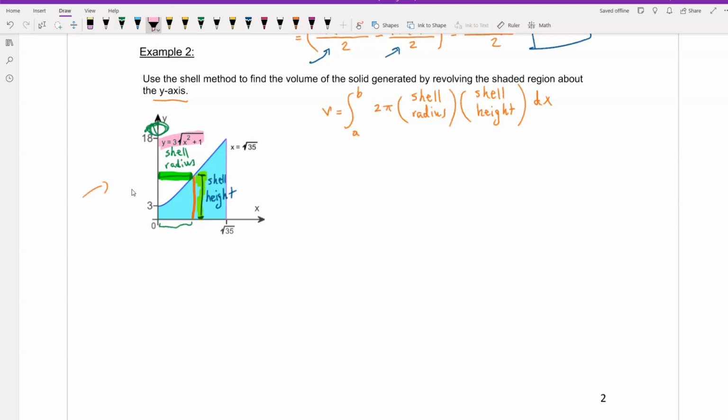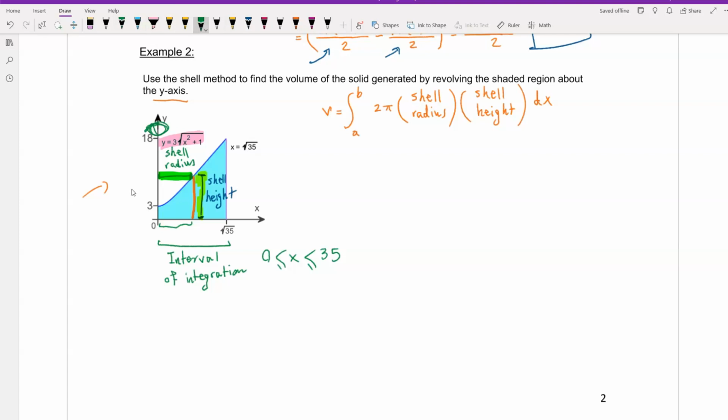And the interval of integration is this part, which is between 0 and square root of 35 inclusive. So here we have x between 0 and square root of 35.